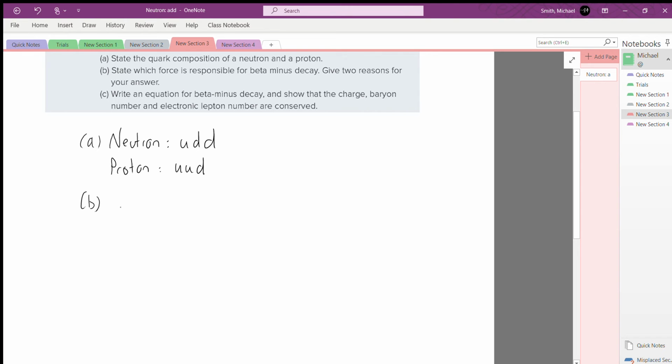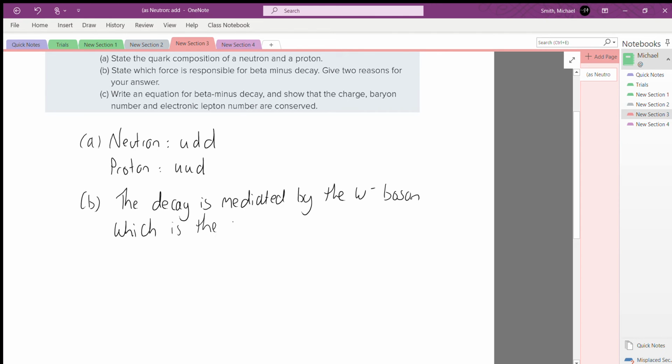So the decay is mediated by the W minus boson, which is the gauge boson for the weak nuclear force.